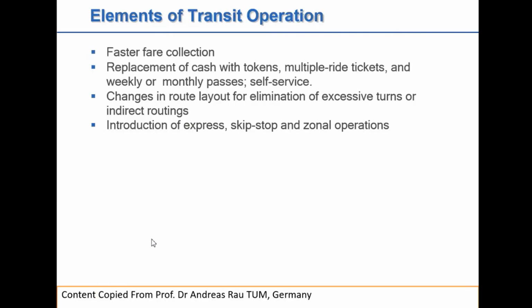The next point is how we can increase the different elements within transit operations. The first one is faster fare collection. Manual payment by passengers when they board street transit vehicles is a slow fare collection method.